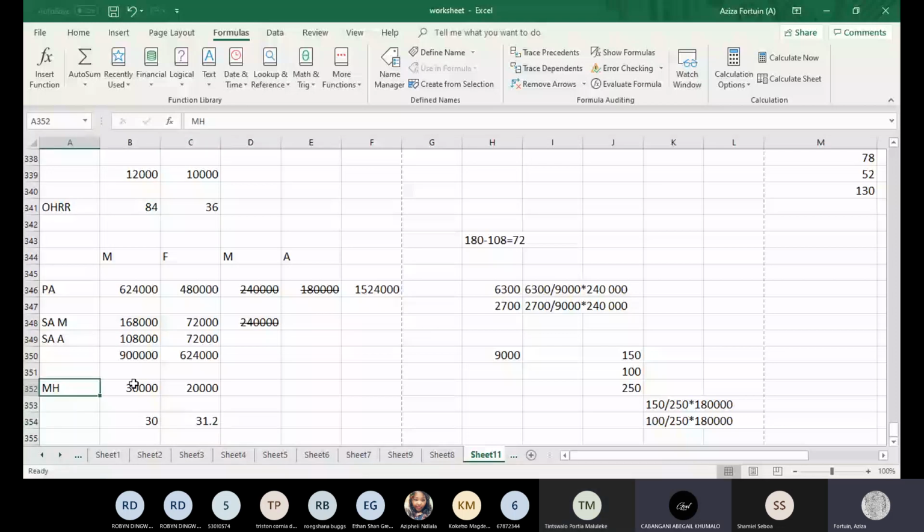Then 624,000 rand divided by 20,000 hours gave me a 31 rand recovery rate.